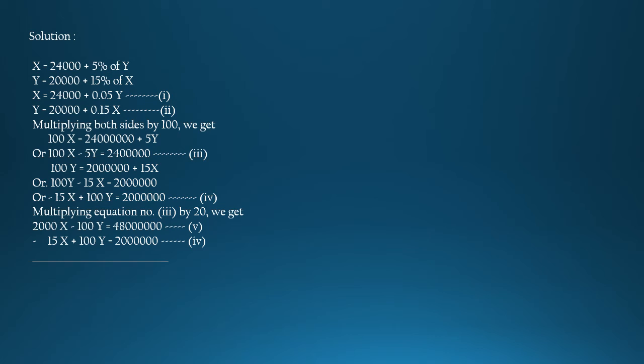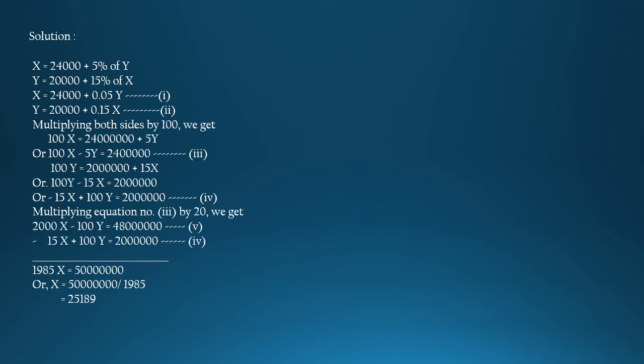Now adding the fifth and fourth equations, we get 1985x equals 500 lakh. From this equation we can easily calculate the value of x, which will be 25,189. x represents the total overhead of service department D.